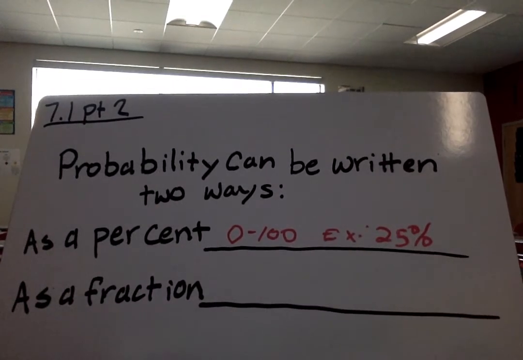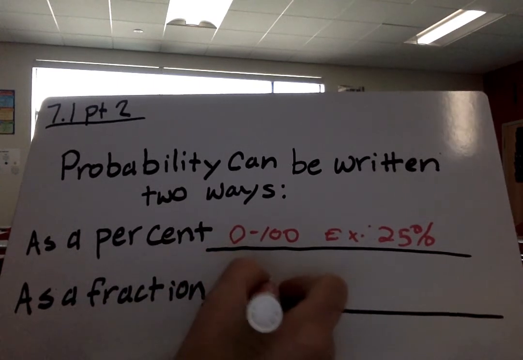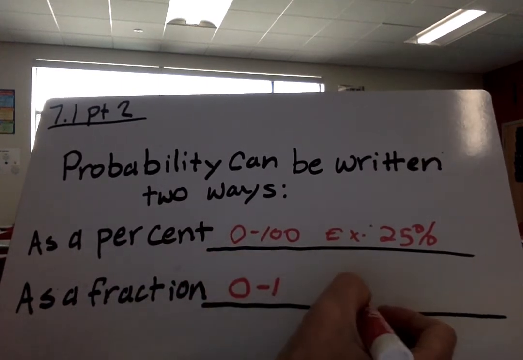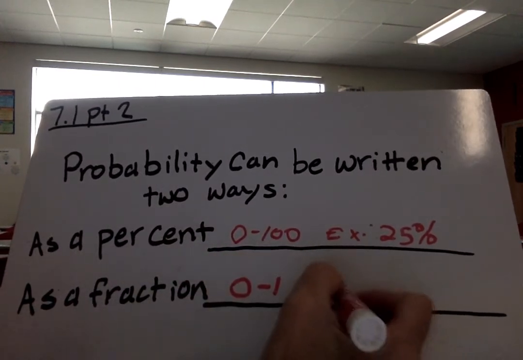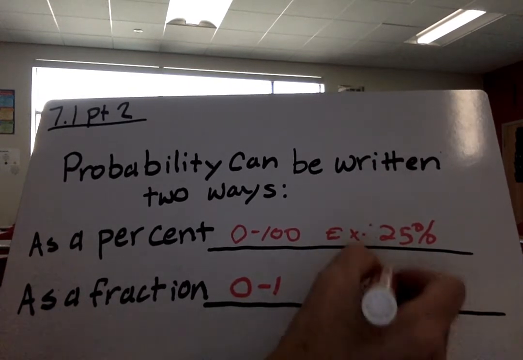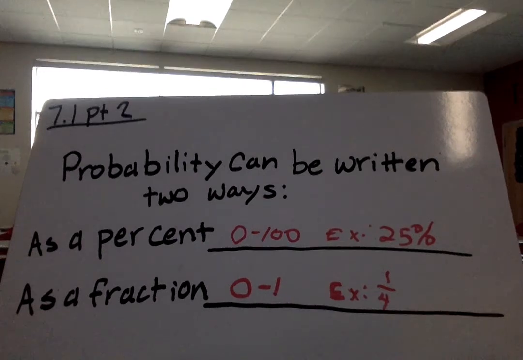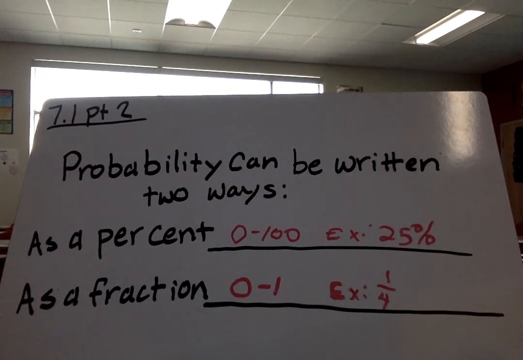As a fraction, it's going to be between 0 and 1, so that would be like 1/4. Like a 1 in 4 chance of doing something. So that's how we can determine whether we want it as a percent or a fraction.